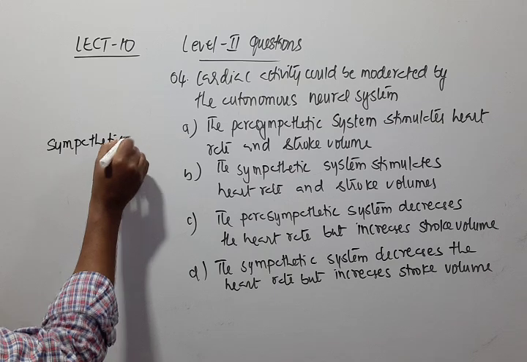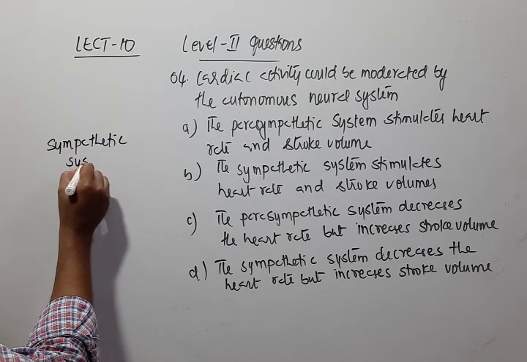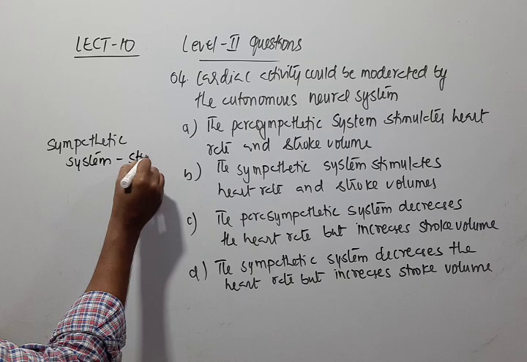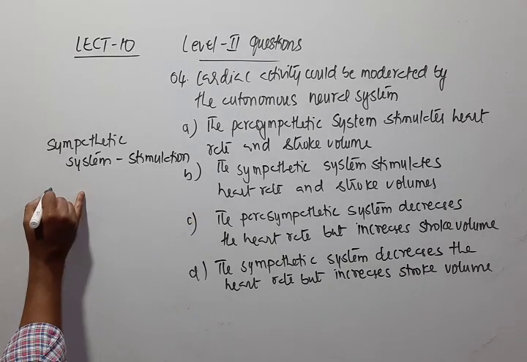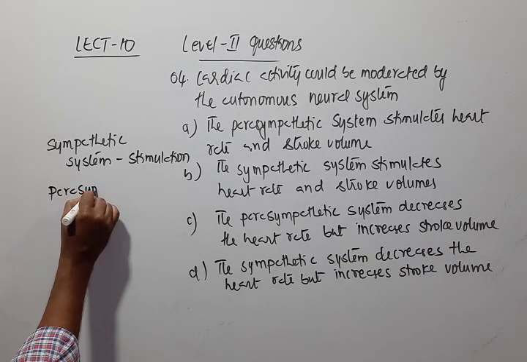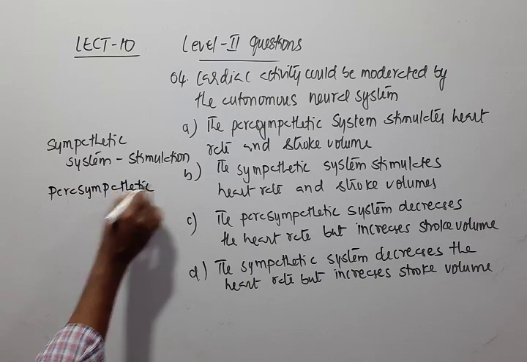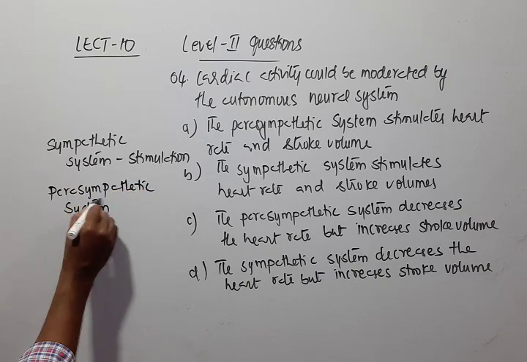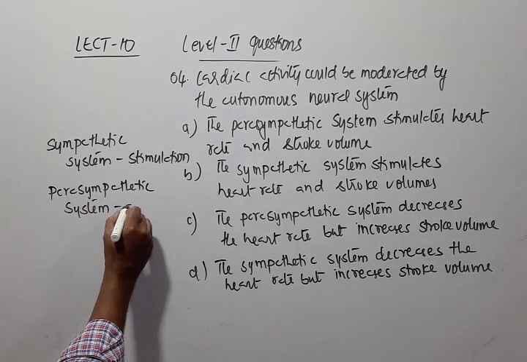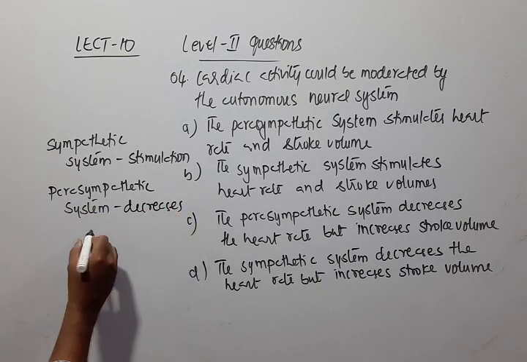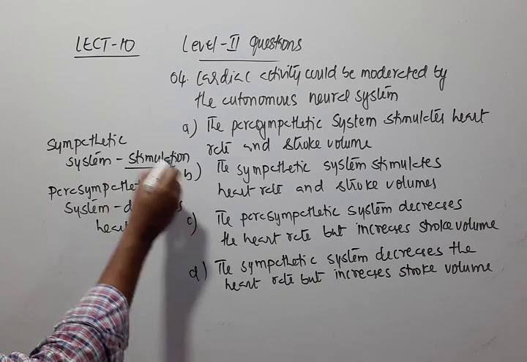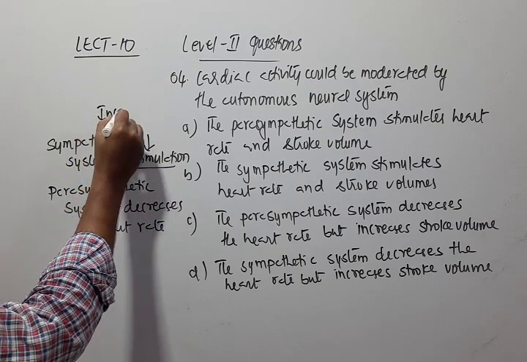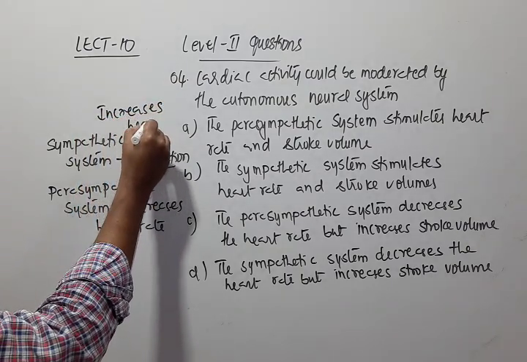The sympathetic nervous system is the one which stimulates the heartbeat, whereas the parasympathetic system decreases heart rate. Here stimulation means it increases heart rate.